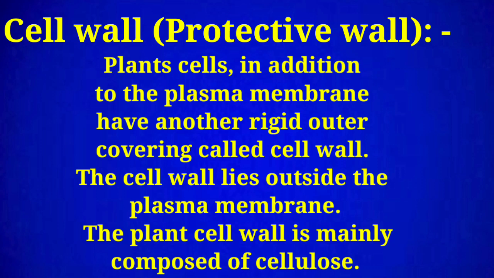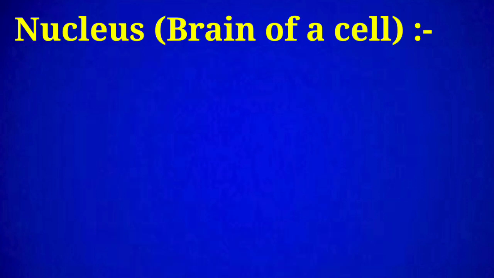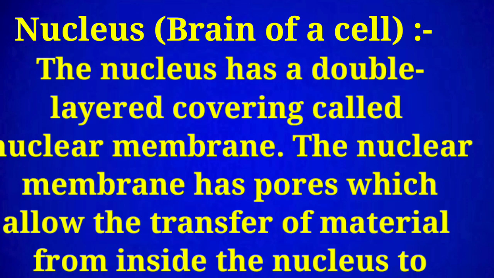Plant cells, in addition to the plasma membrane, have another rigid outer covering called the cell wall. The cell wall lies outside the plasma membrane. The plant cell wall is mainly composed of cellulose. Nucleus, the brain of a cell. The nucleus has a double-layered covering called the nuclear membrane. The nuclear membrane has pores which allow the transfer of materials from inside the nucleus.